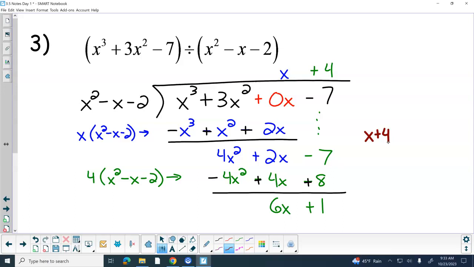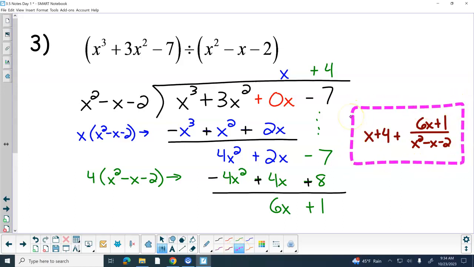We put a plus sign. We write down whatever's left over, whatever our remainder is. In this case, our remainder was 6x plus 1. And we put that over what we were dividing by, x squared minus x minus 2. And that's that.